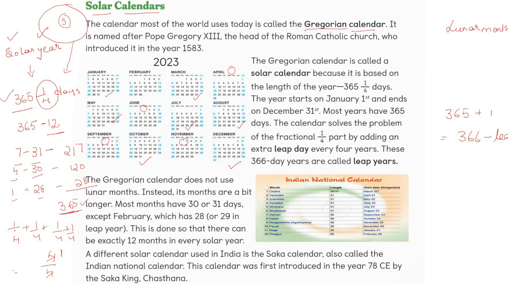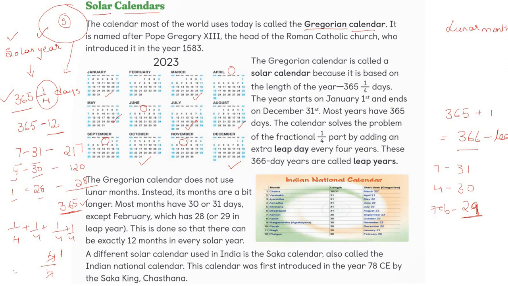Every 4 years, all the 1/4ths are added and a year will get 366, and again 7 months will have 31 days, 4 months will have 30 days, and February will have 29 days. That is the reason why in a leap year, every 4 years, there are 29 days in February. Do you understand, children?